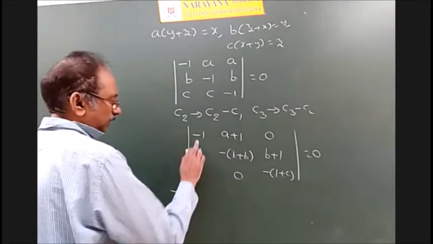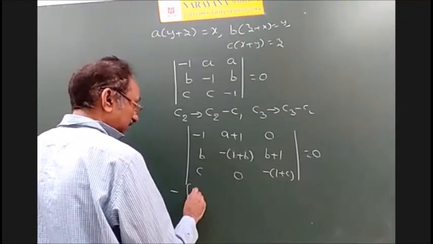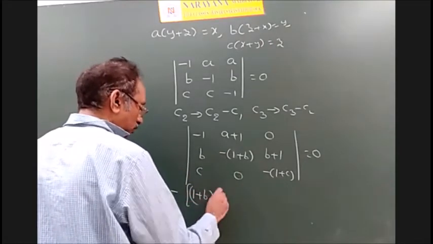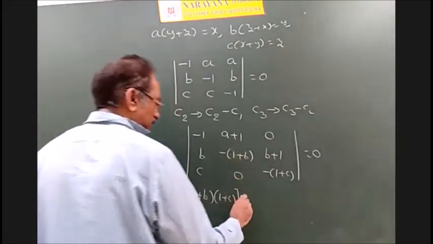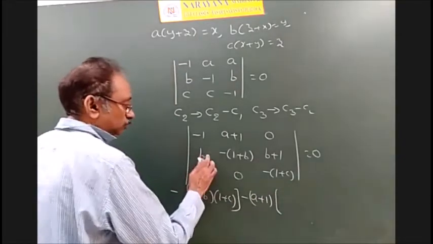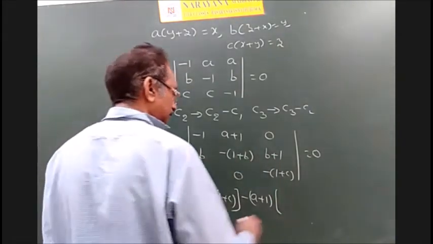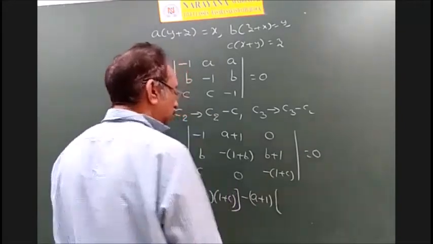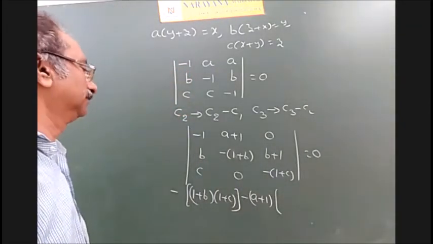See, minus 1 into minus into minus, plus 1 plus b into 1 plus c. You need not write 0. Minus of a plus 1 into this minus this into this. Isn't it? So minus b into, once again I am getting b into c.